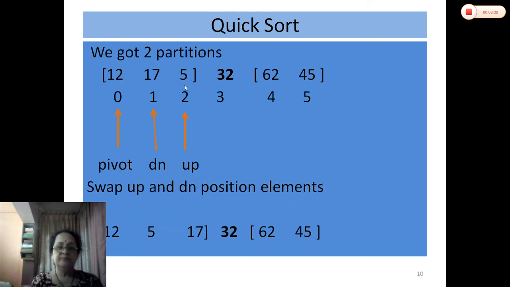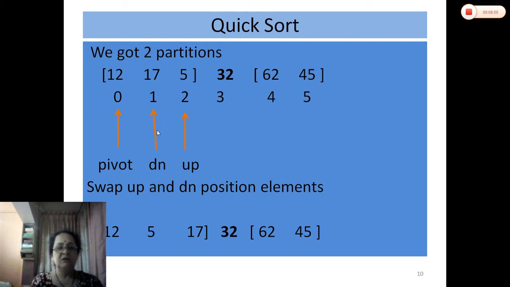So our first partition is 12, 17 and 5. As usual our pivot will be the first element, that is 12, down will be 17 and up is 5. Okay, means up is 2 and down is 1.